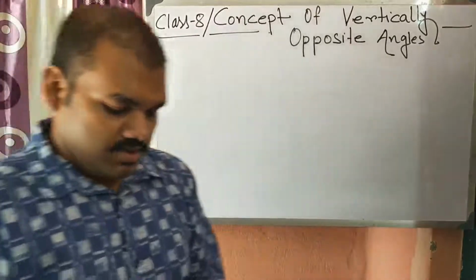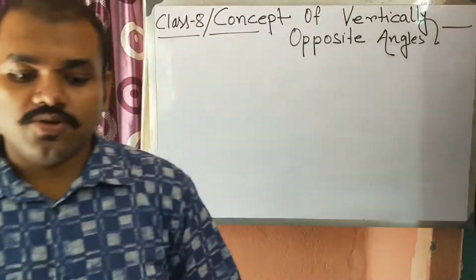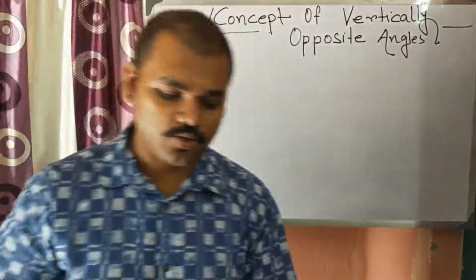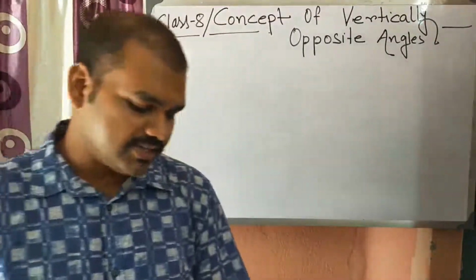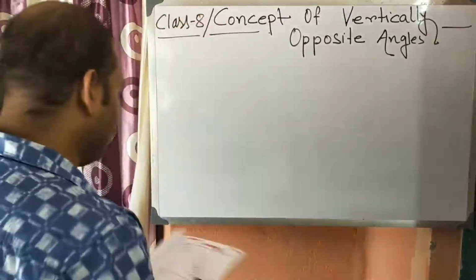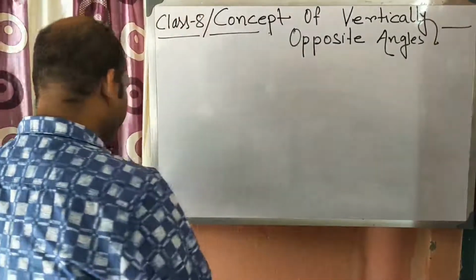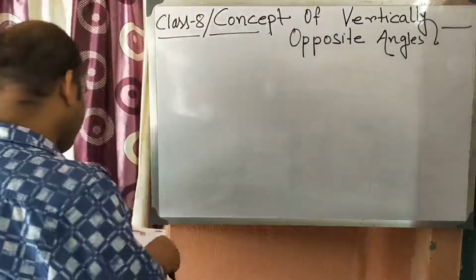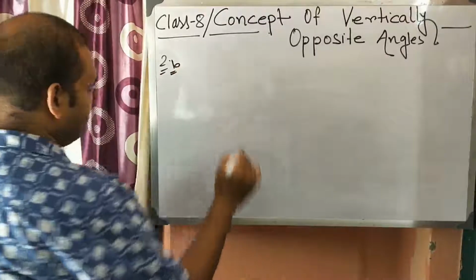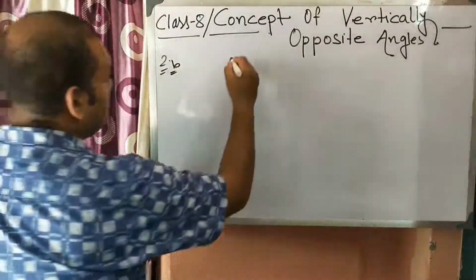Next, from this chapter we need to solve a few problems. So what are the problems? Let us see the problems. The problem is on exercise number 7.1, 2b.